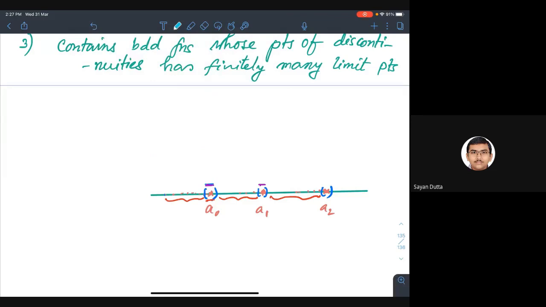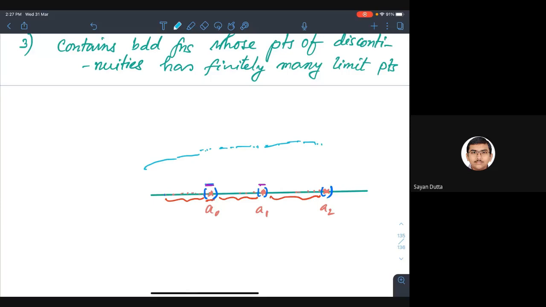So here you might have several discontinuities. But here the discontinuities will have some limit points. You might have several discontinuities here. Discontinuities will have limit points, like this, whatever.